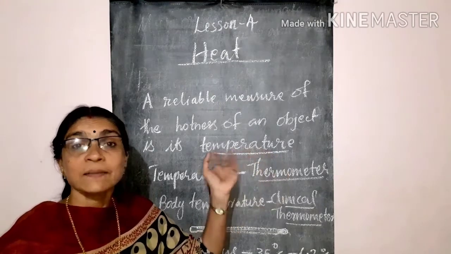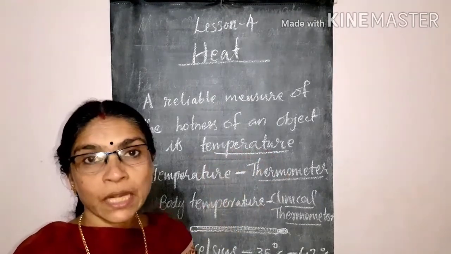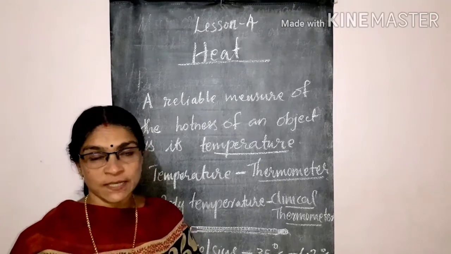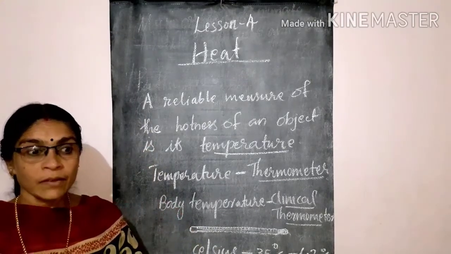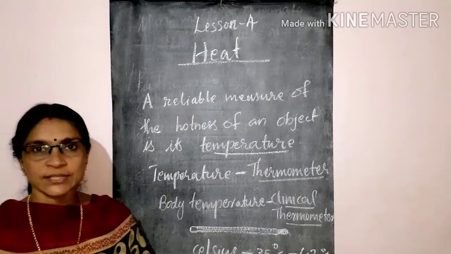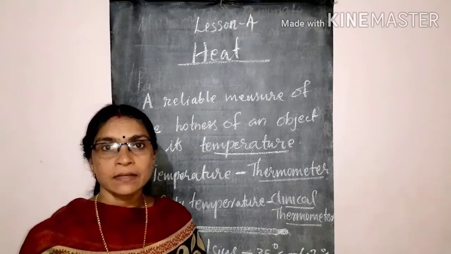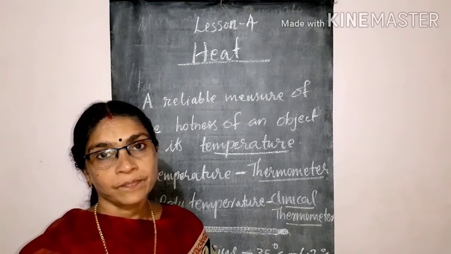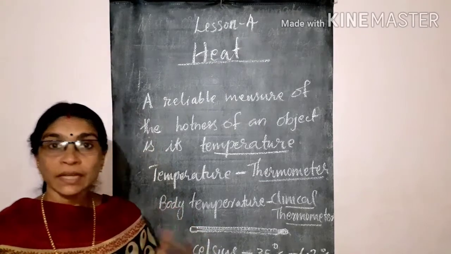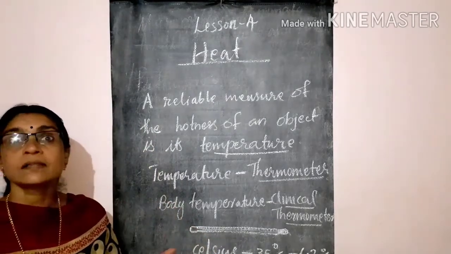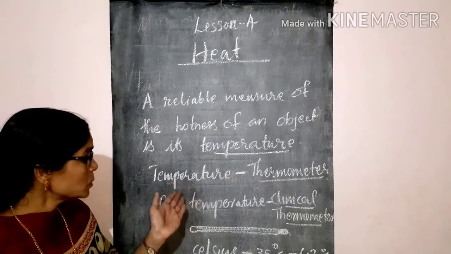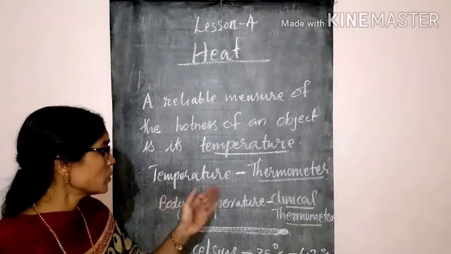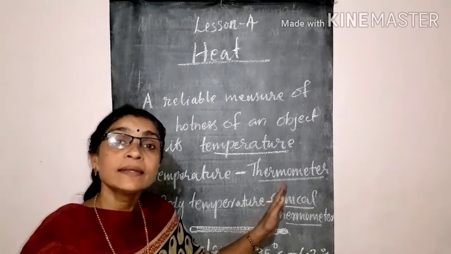There are various types of thermometer: clinical thermometer, laboratory thermometer. Nowadays, the digital thermometer is also there. Instantly we can read the measurement. No need to take time. The thermometer we use to measure the body temperature is called the clinical thermometer.